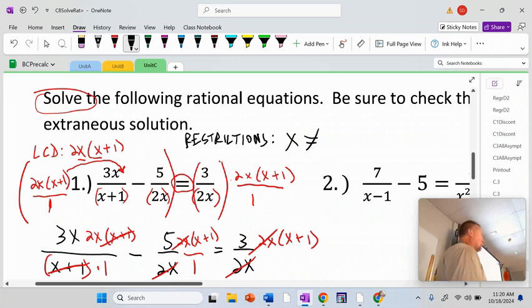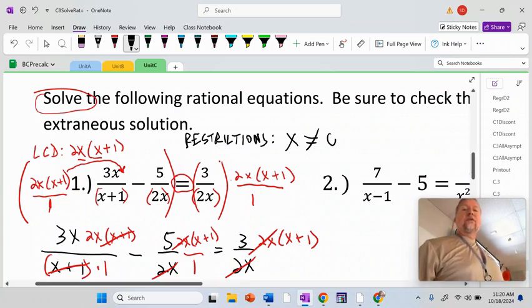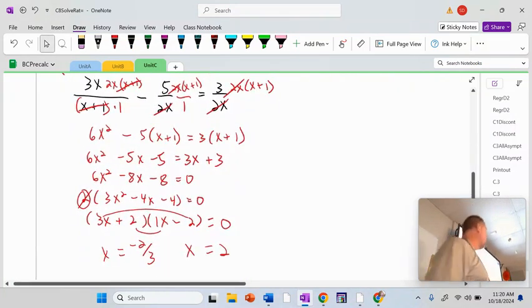What couldn't x equal? If this x equaled this, then this would be undefined. 0. And then x also couldn't equal negative 1. Those are domain issues. So x could not equal 0 or negative 1. Are any of those solutions 0 or negative 1? No. So you don't have to check them.